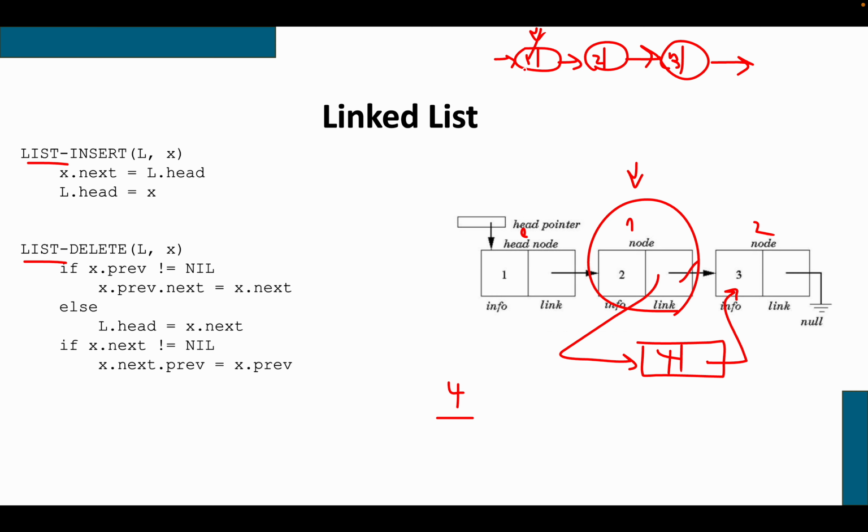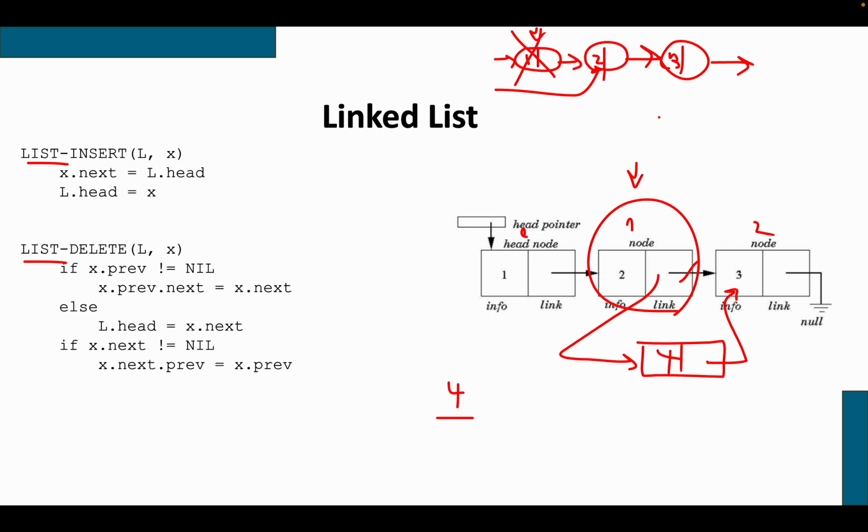When I delete it, I remove it, and then the head pointer must point to the next node, 2. So here you can see we define it in the list delete function.